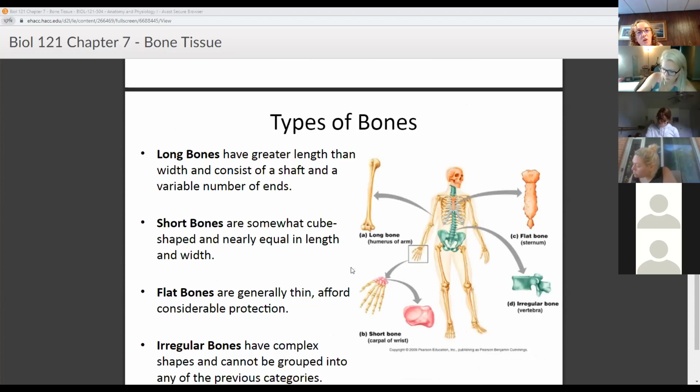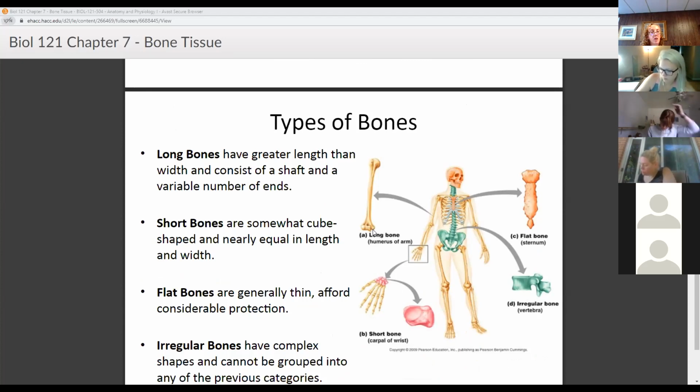So we have four basic types of bones. We have long bones, short bones, flat bones, and irregular bones. An example of a long bone would be your humerus. Short bones are your carpals and your tarsals.